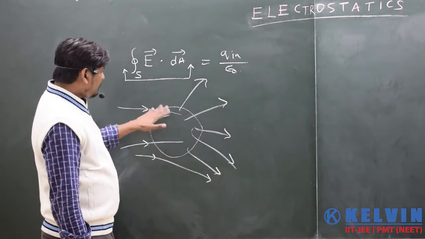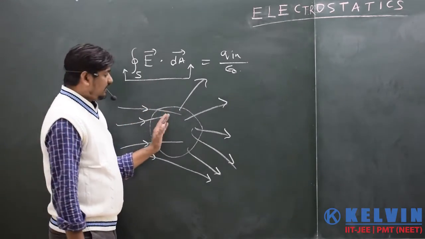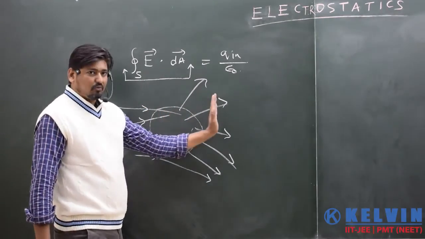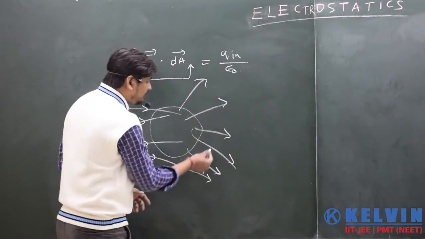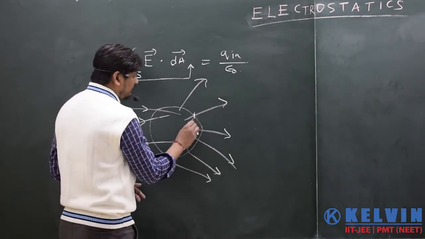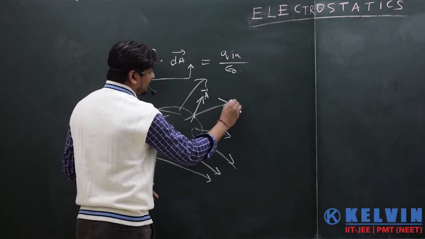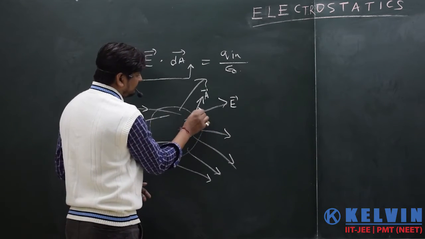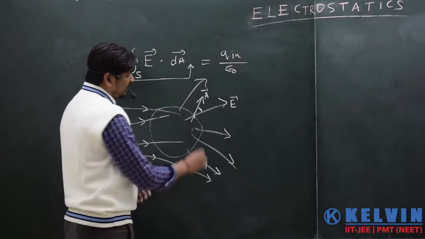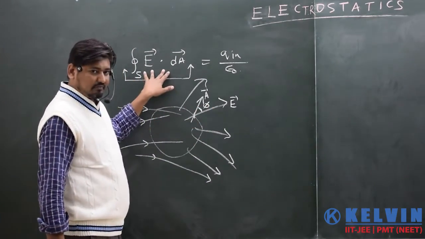So we can say for this closed surface, the flux going out associated with these lines, if I draw the area vector at some particular point, say I am writing area vector here and the electric field vector, this angle is an acute angle, right? And for an acute angle, the dot product will be positive.